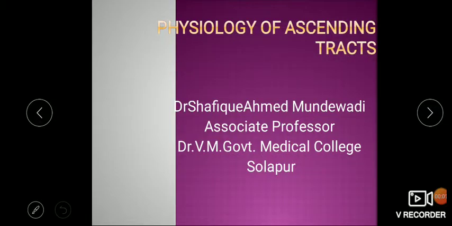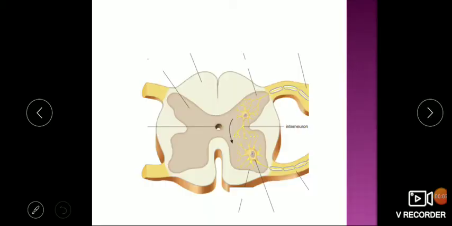Everybody, today we'll be discussing physiology of ascending tracts. In the previous lecture on physiology of the spinal cord, we learned that a section of the spinal cord is divided by gray matter, which is H-shaped, and this gray matter consists of nothing but neurons, neuroglia, and unmyelinated axons.